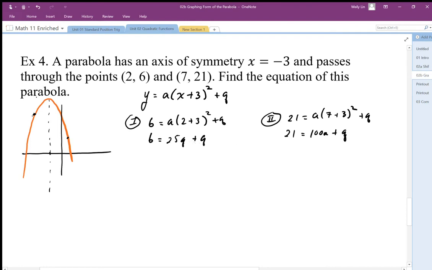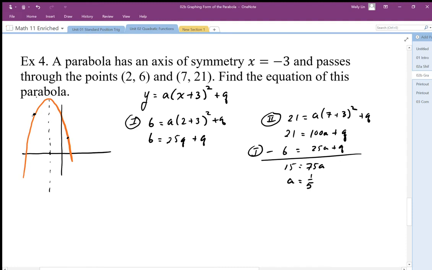So I'm just going to take equation 1 and subtract it from equation 2. That's going to give me 15 is equal to 75a. The q's cancel out. I am able to solve for a.